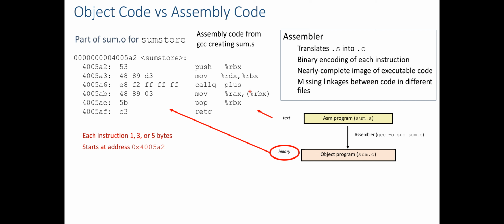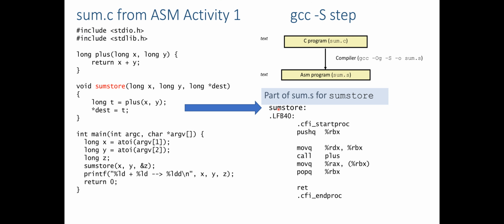And the assembly is nicer for us to study because it's textual and we can read it much more easily. All right, so now here is the assembly for the function sumStore in our program sum.c.